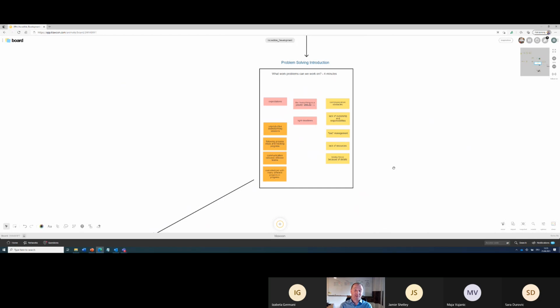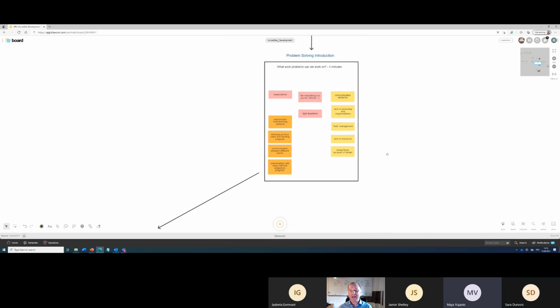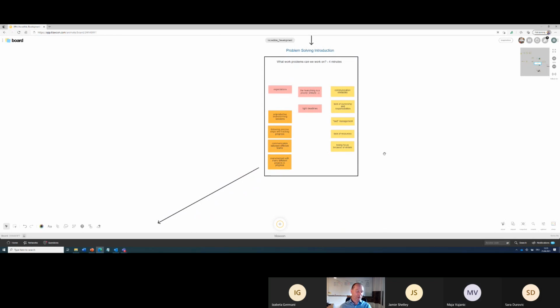Some real genuine challenges. Could be any project, any piece of work that you might be doing. How would you normally go about solving problems like these? What is your natural way of solving problems like these?